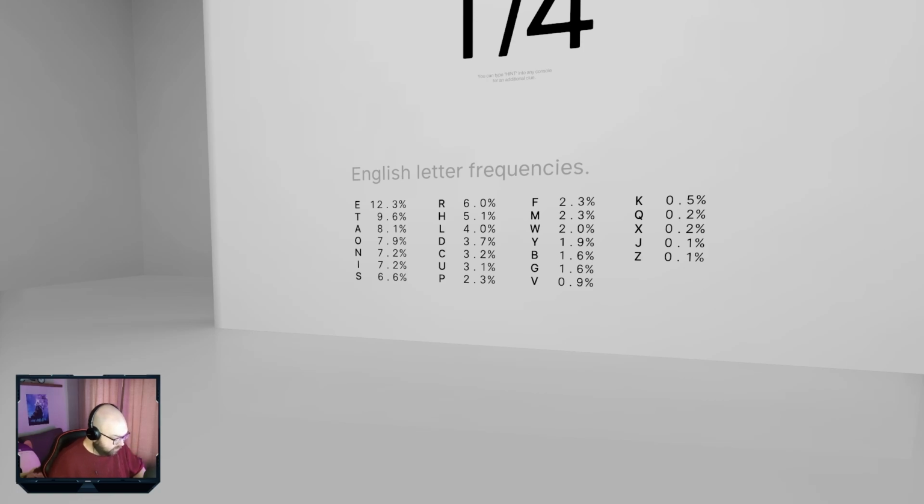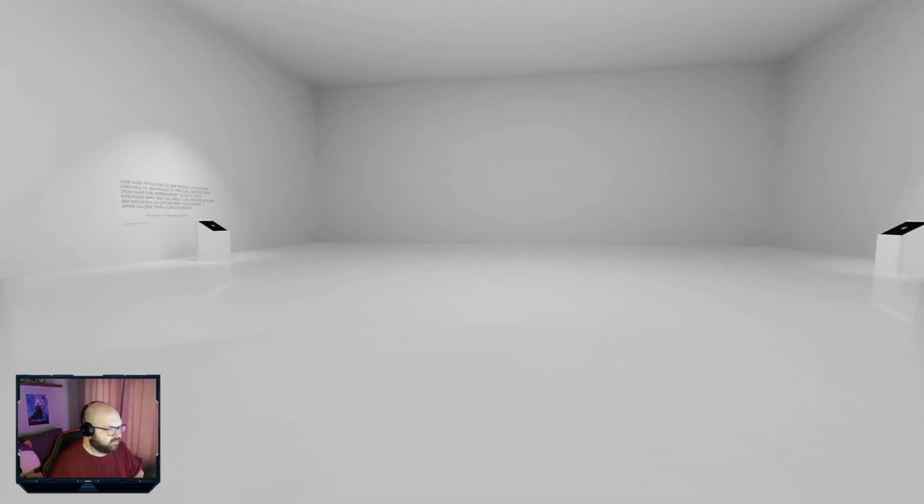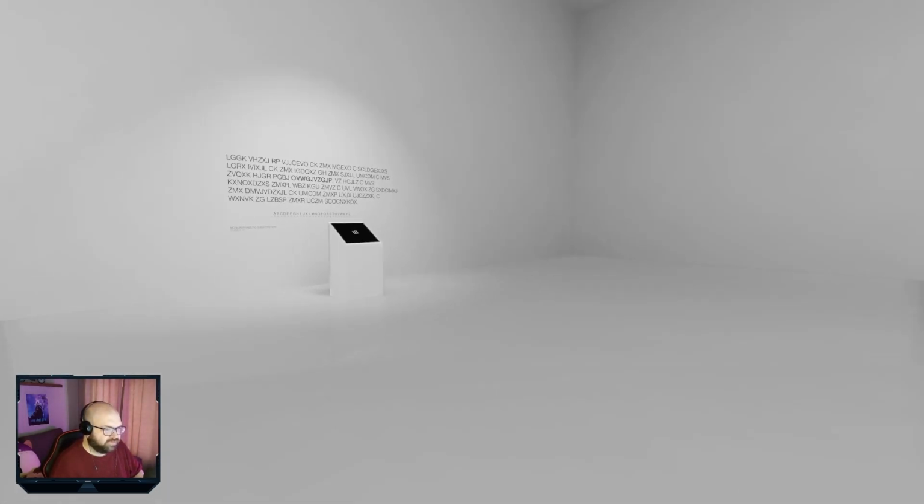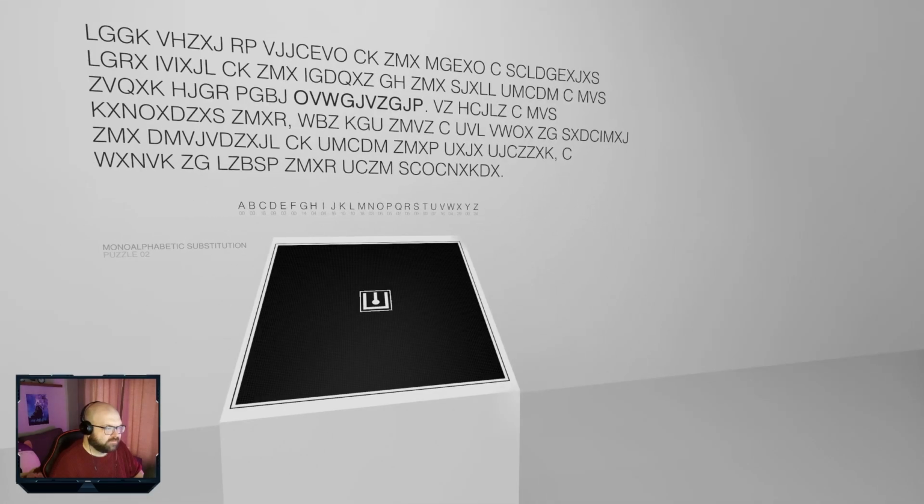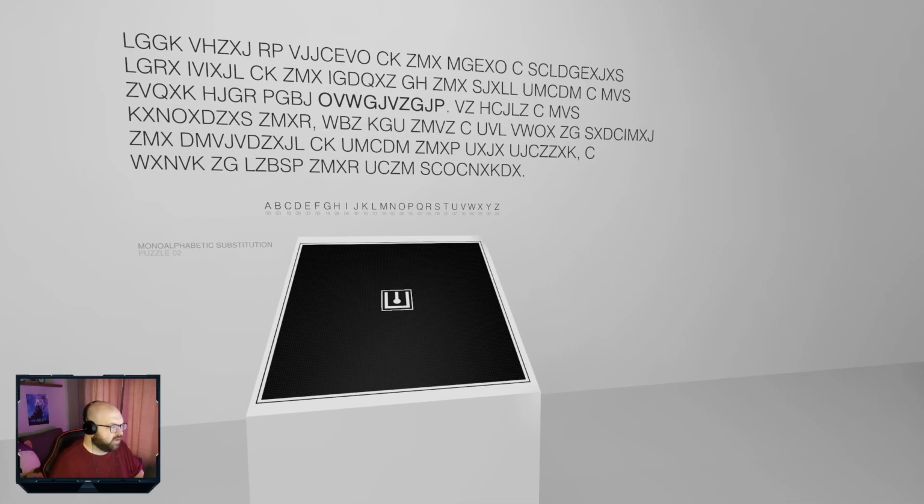Was that M? M equals T? I've literally just seen that as well. Never mind. X. Hold on. What's the highest one? X. 29. Okay.